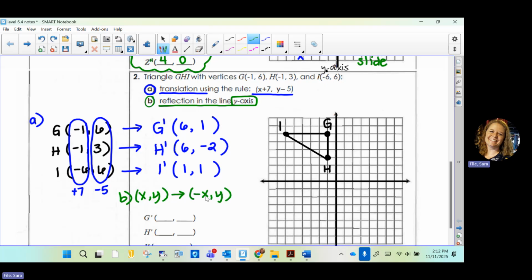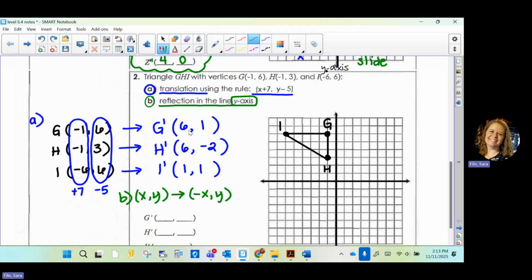So essentially nothing is changing for the y. The y stays exactly as it is. What happens to the x? Yeah, you flip the sign. If it was positive, it becomes negative. If it was negative, it becomes positive. Remember that negative in a rule like this just means to change the sign.